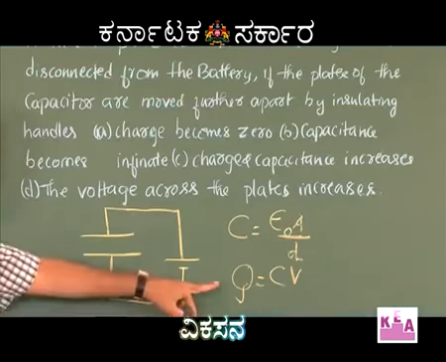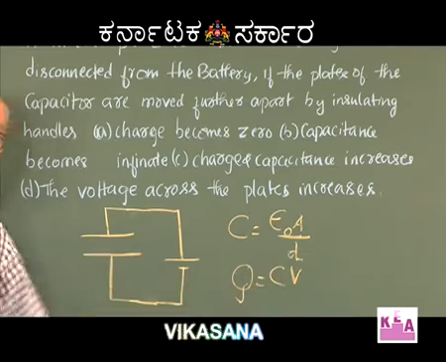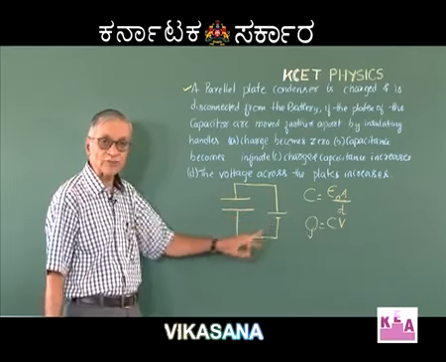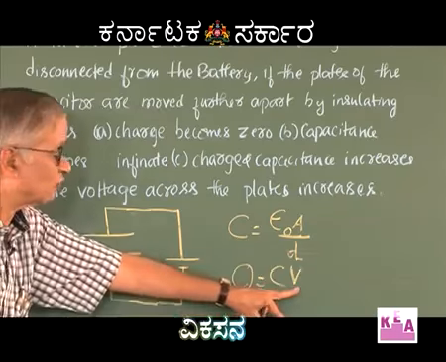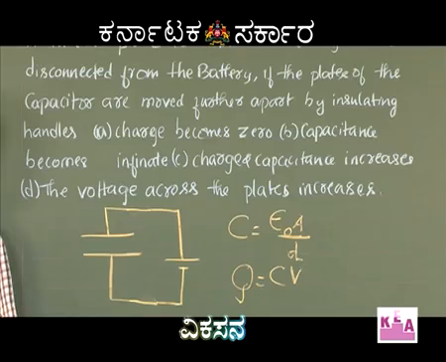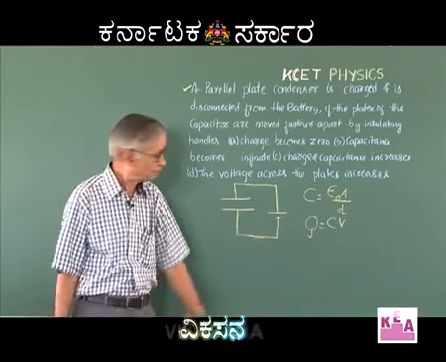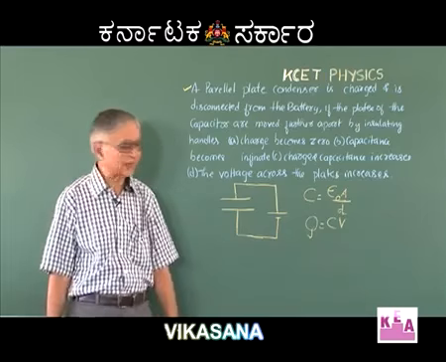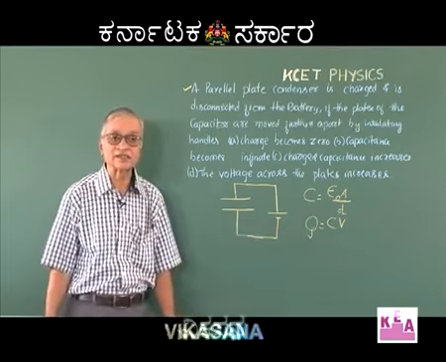Note the formula Q is equal to C into V. Since the condenser is connected to the battery, the potential difference across the plates remains the same, but the capacity has decreased. Consequently, charge should decrease.